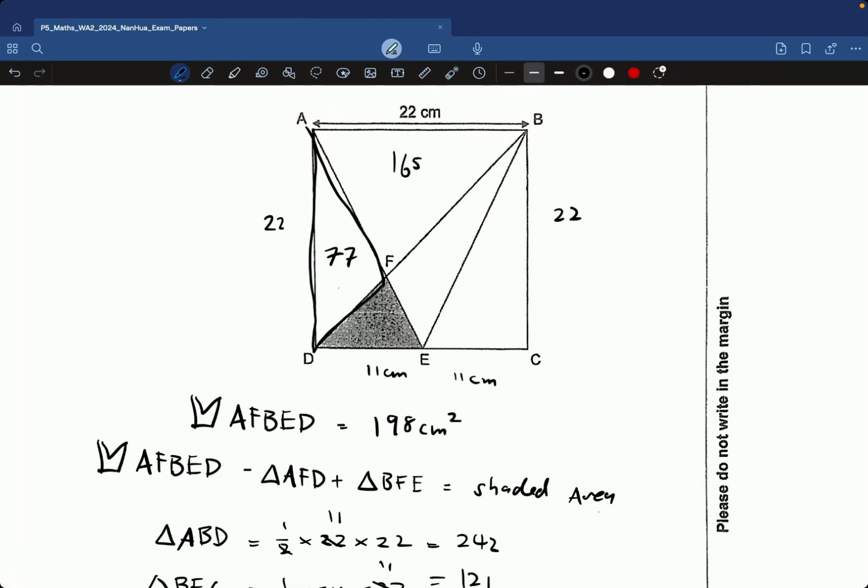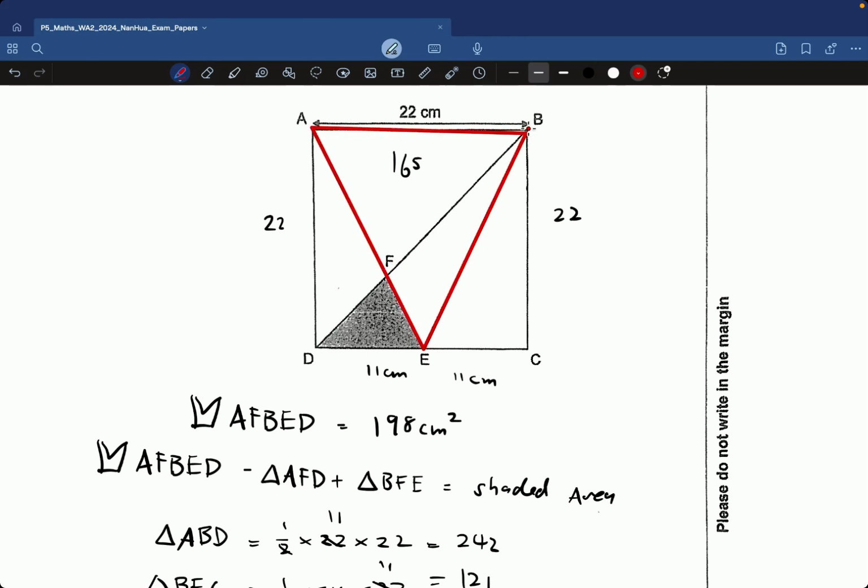All right. Now we need to know this other triangle. Just draw this. So we need to know BFE. We already know AFD. How to get BFE? So the thing is that if we were to look again, let me just remove this. Okay, so BFE, there is a triangle over here that we know of.